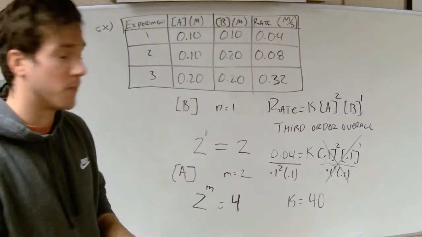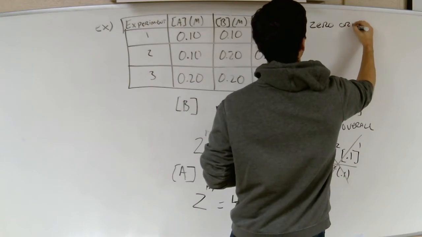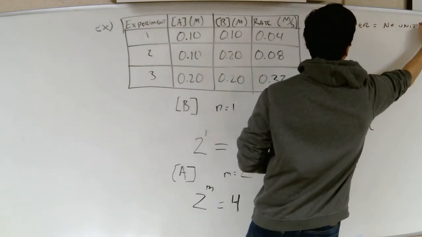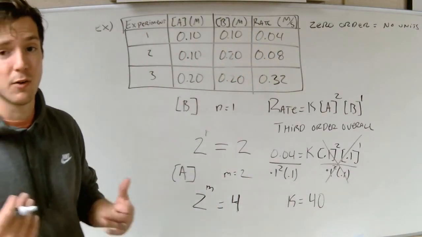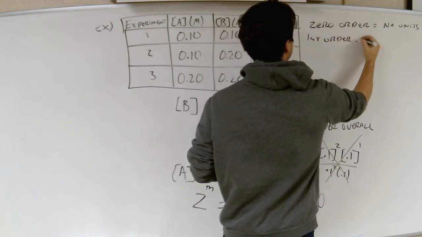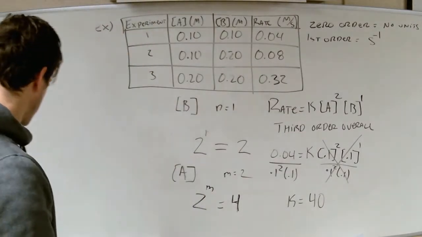Okay? So, if a reaction is 0 order, K will have no units. If the reaction is first order, the units will be S to the -1. Okay?